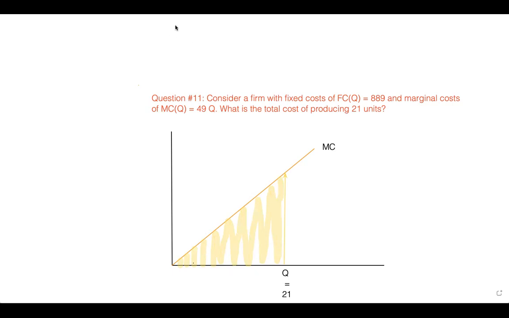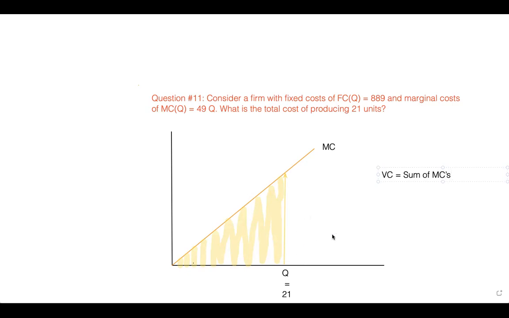So the relationship between marginal cost and variable cost is that variable cost is equal to the sum of the marginal costs. Does that make sense? We're just adding them all up together, and that's going to be this whole area.